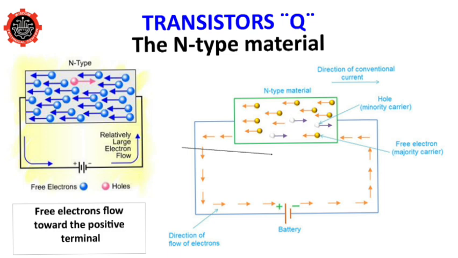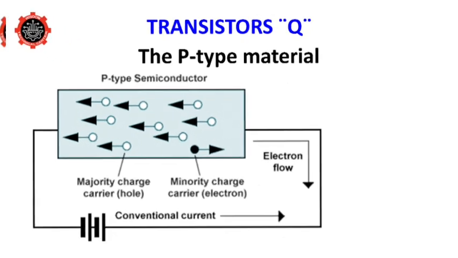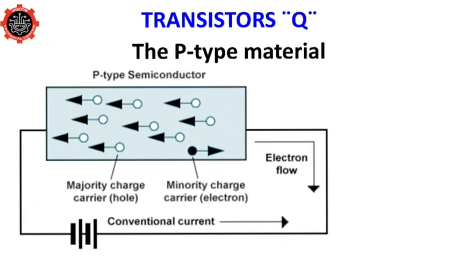The electrons move from the negative to the positive. Since they are the majority charge carrier, they dominate the holes, which are the minority charge carrier inside the N-type material.